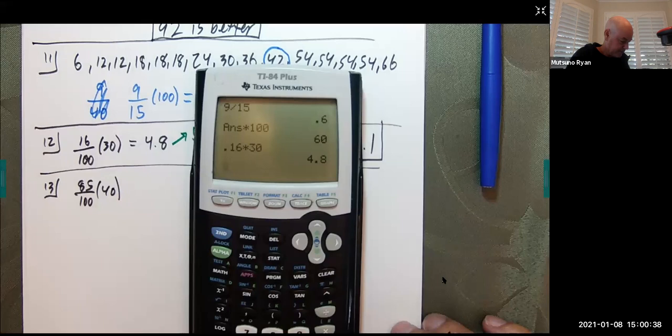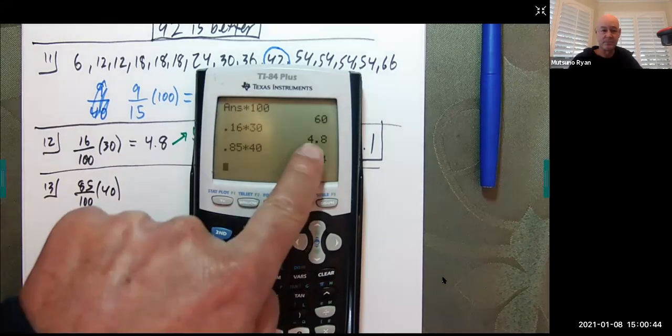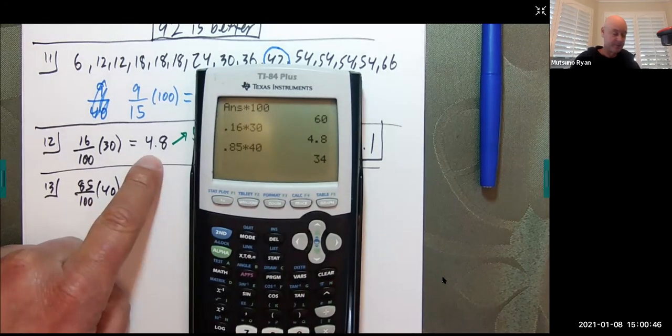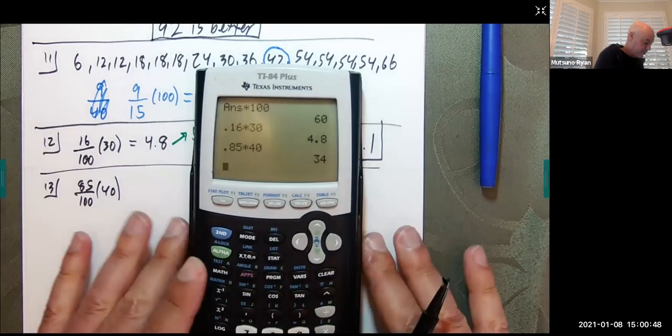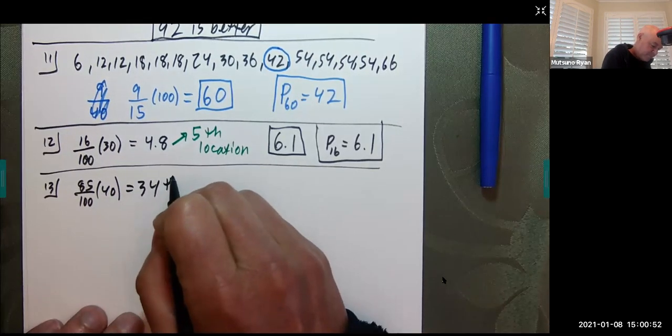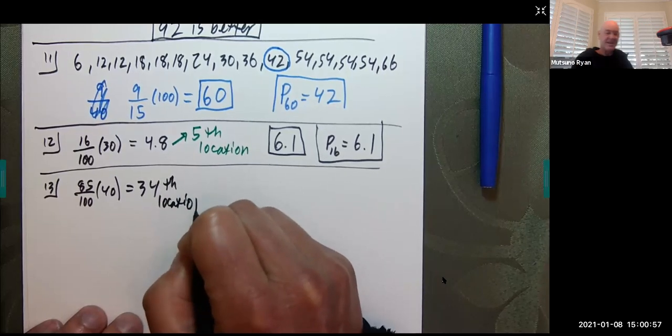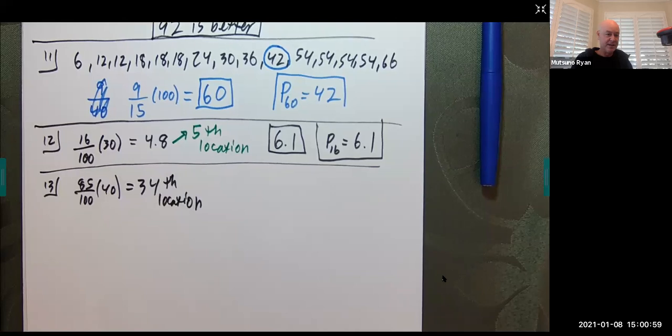So 0.85 times 40. Now notice this one is not a decimal. The previous one was, and we had to round it up. This is going to cause a problem, because at the 34th location is not going to give me 85% below it. So let me show you how this works.